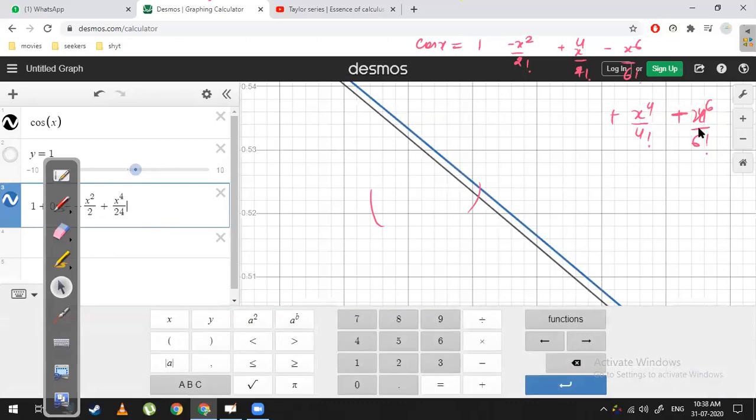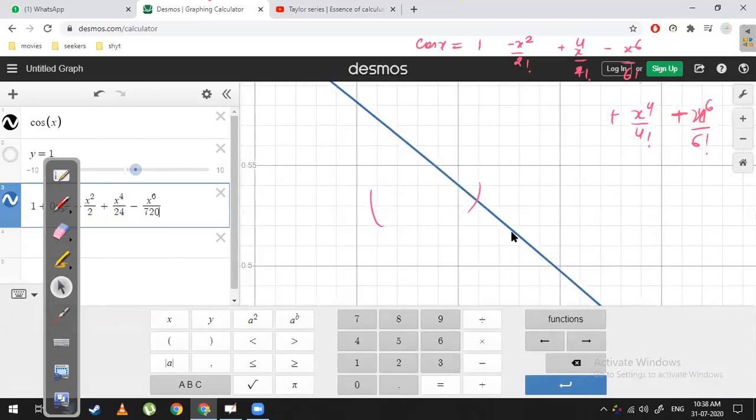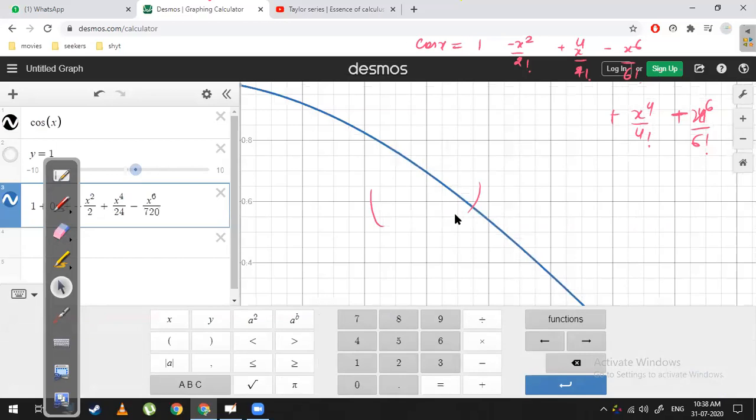But when I add minus x to the power 6 divided by 6 factorial, which is 720, now they both became very much closer. Previously there was a gap, and now it became closer.